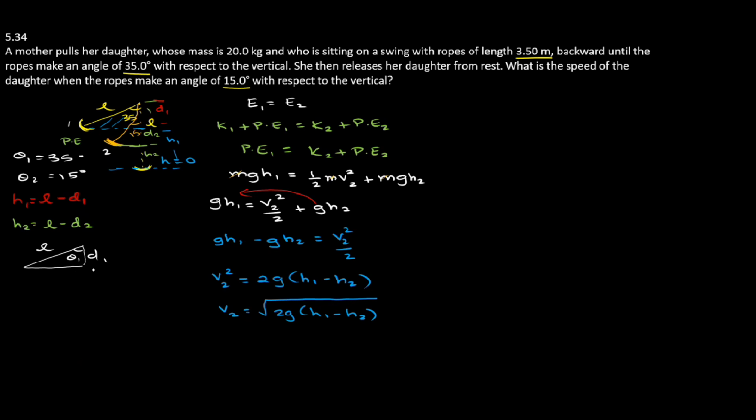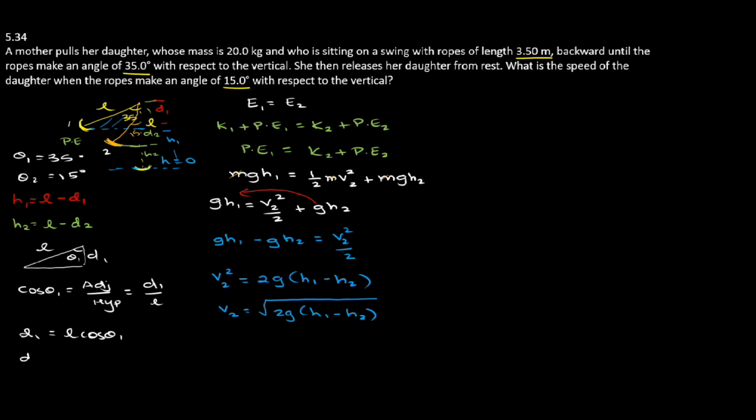I can find d1 by using trigonometry. Since d1 is next to theta, which is the adjacent side, we will use cosine theta. We know that cosine theta is the adjacent side over the hypotenuse. So I get cosine theta 1 as d1 over L. When we rearrange the terms, we get d1 equals L cosine theta 1.